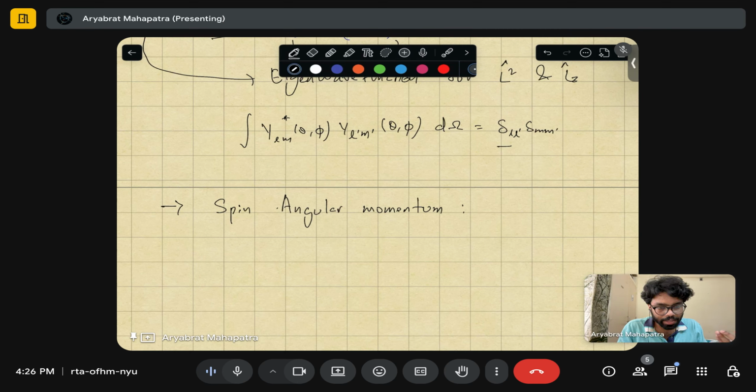But a quantum particle is itself a point particle, so it is vague what the moment of inertia would be. It's not well defined, but still there is something intrinsic associated with all quantum particles.